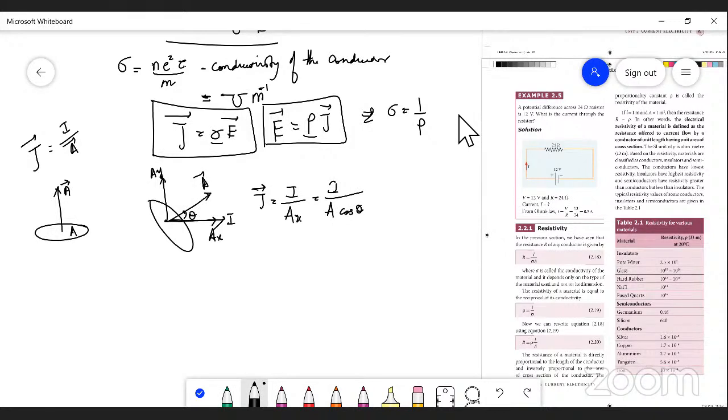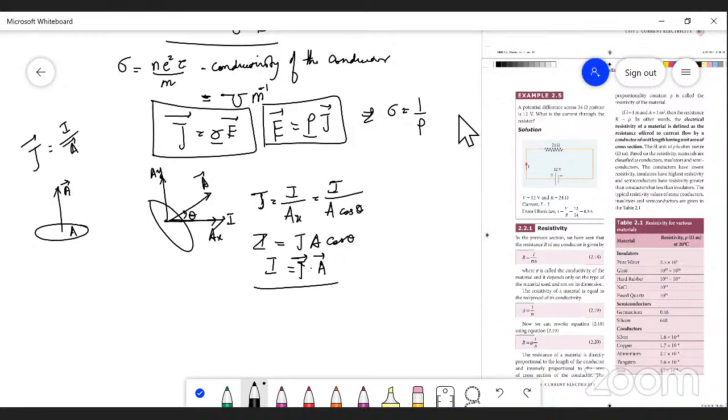Actually, I can write this as simply J. J equals I divided by AX, which is equal to I divided by A cos theta. And I can be taken as J A cos theta. Modulus of A vector, modulus of B vector cos theta is nothing but the dot product. So J A cos theta is J vector dot A vector. So current is taken as the dot product of J vector and A vector.